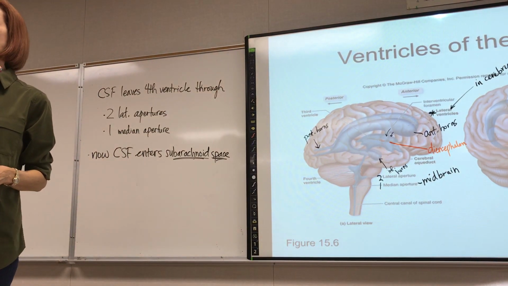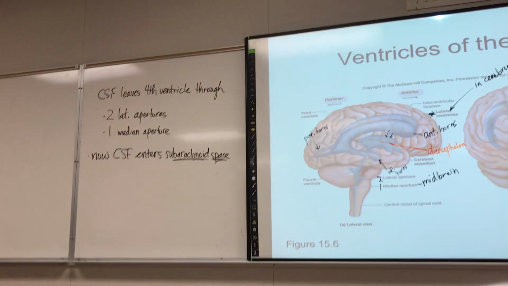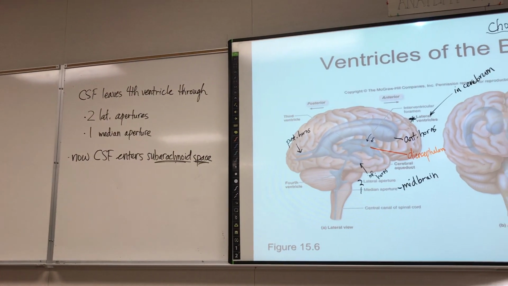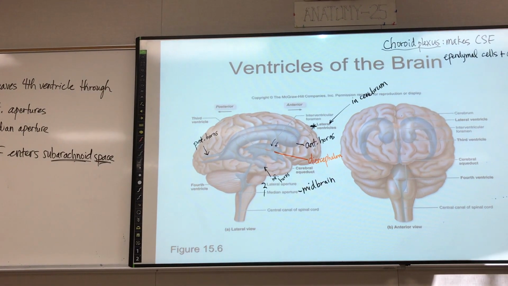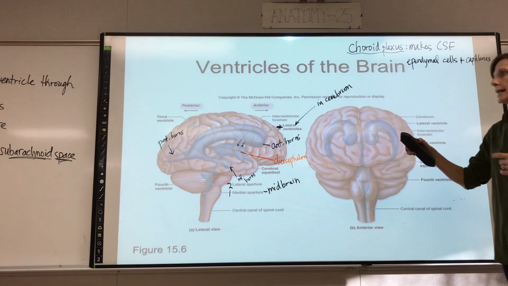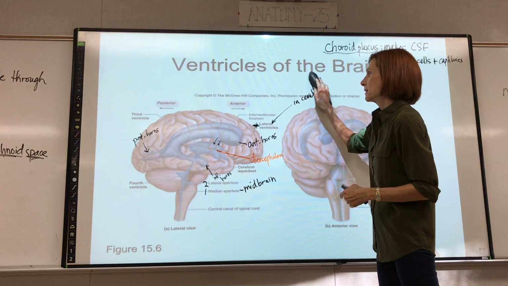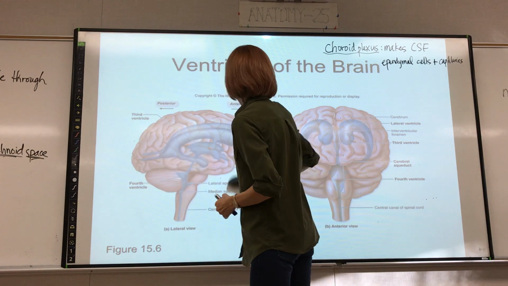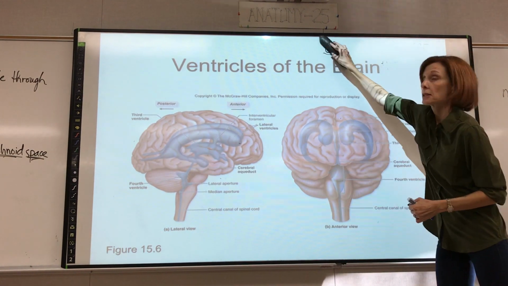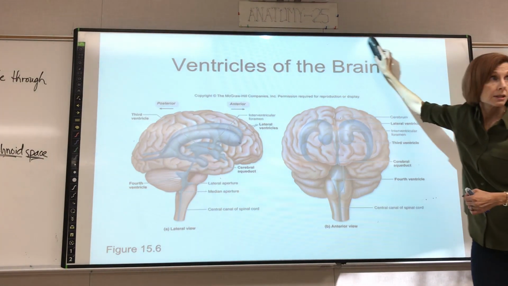We'll put it all together, actually. Okay, after we talk about the subarachnoid space, we'll put all of this together. And we'll follow the cerebrospinal fluid from the ventricles out into the subarachnoid space, and then look at where it's reabsorbed into the blood. Okay, other questions? Anyone else have questions?